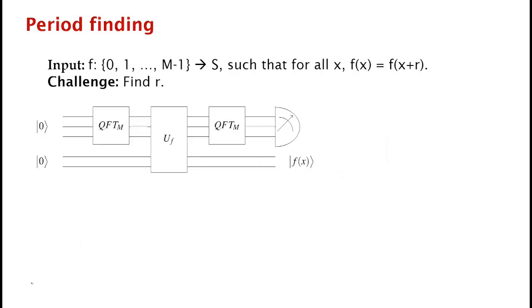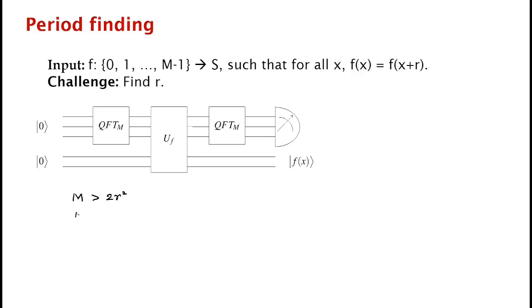To complete this story, let me tell you what happens if we do not make this simplifying assumption that r divides m. In this case, we'll assume that m is large enough, say larger than 2r squared.